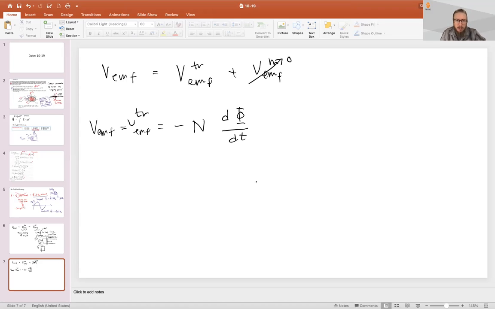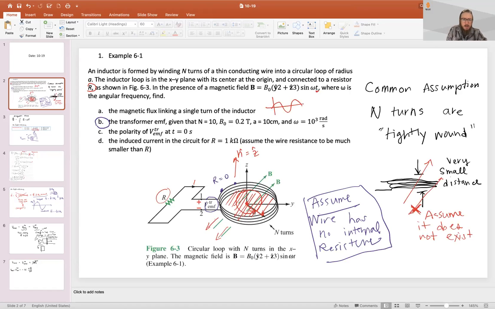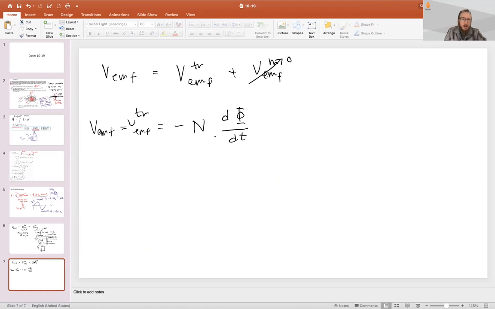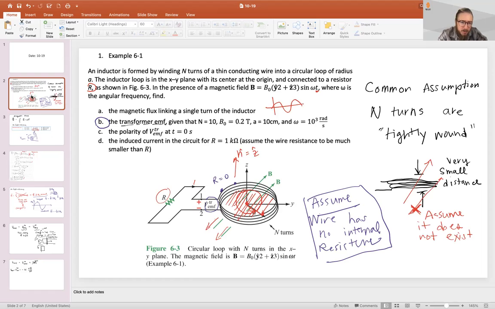So the transformer EMF, which we're asked for, is going to be given by this equation. Okay, so the problem gives you a few more variables. Let's see here.